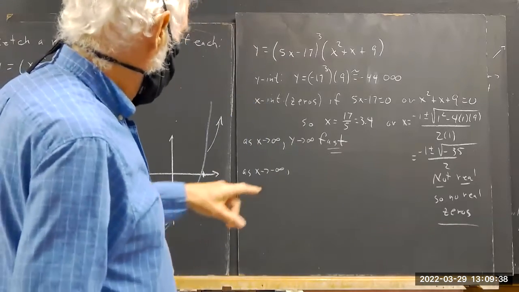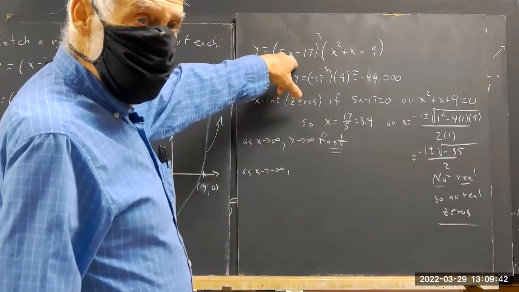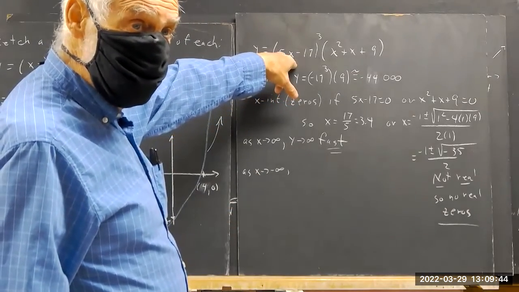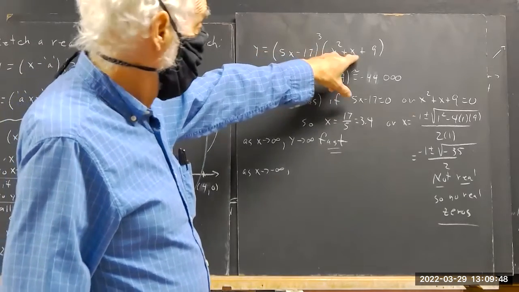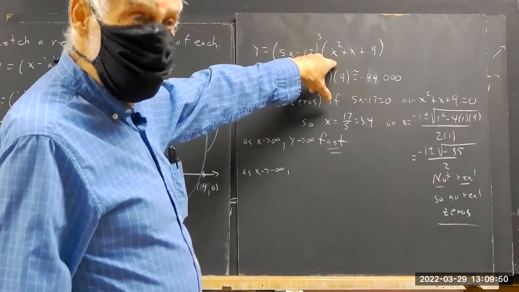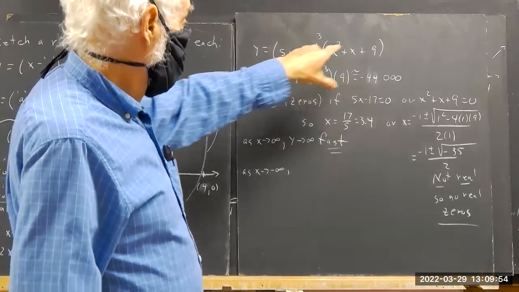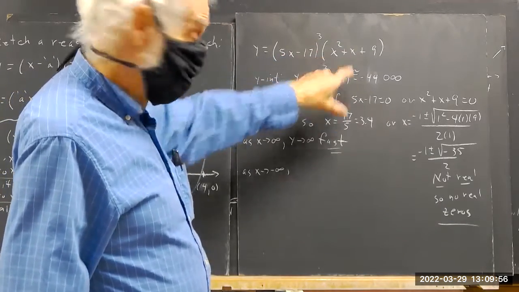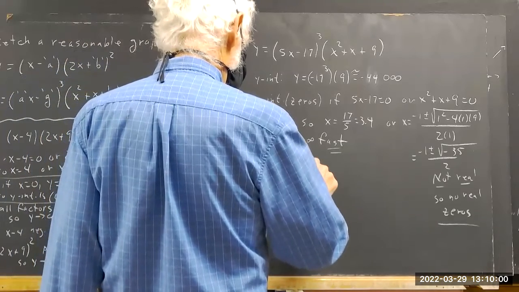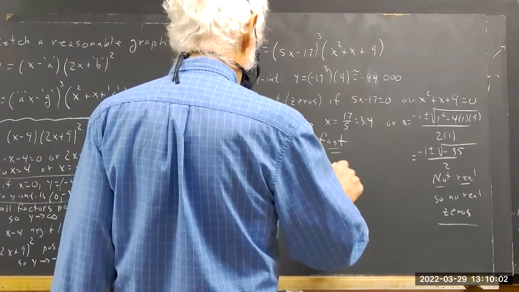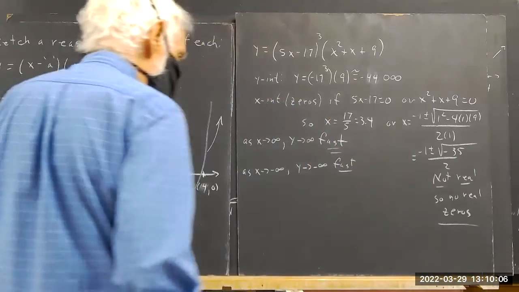Okay, well, as x goes to negative infinity, y is going to be the cube of a big negative number. But x squared is going to be way bigger than x. It's going to be positive, right? So you have a big negative number times a big positive number. And there we have it.